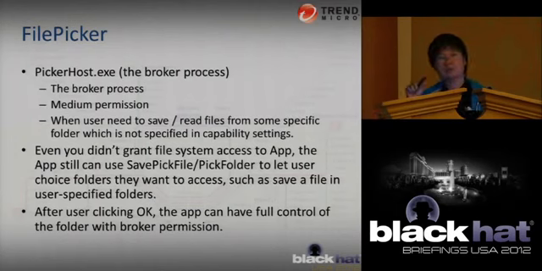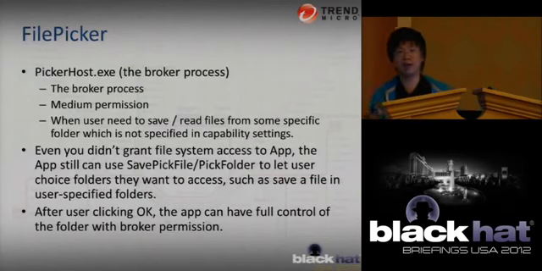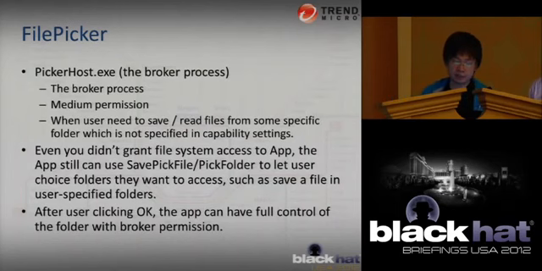So the Metro-style app provides this broker so that the developer can, with the user's permission, access other folders except capability settings. Even if you didn't grant file access permission to the app, the app can still use pick file or pick folder to let the user choose folders they want to access.